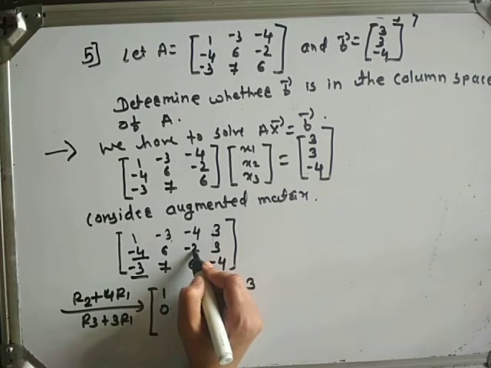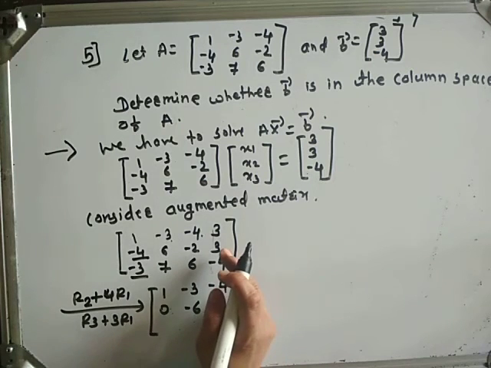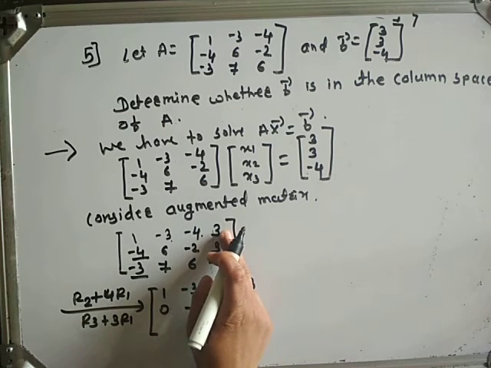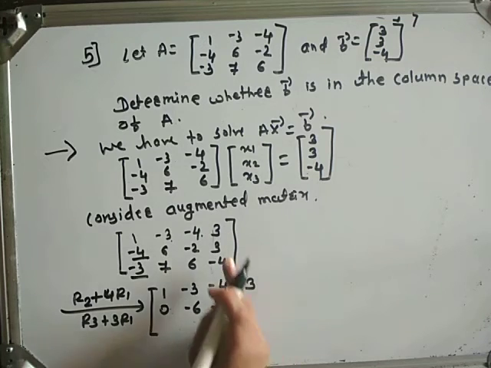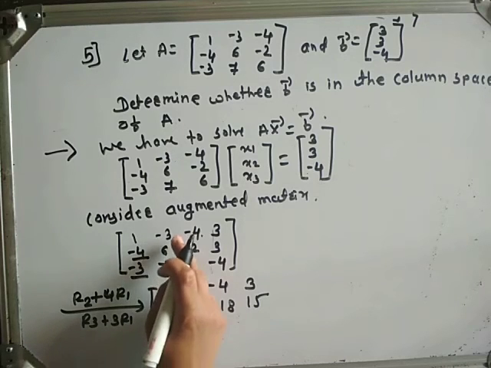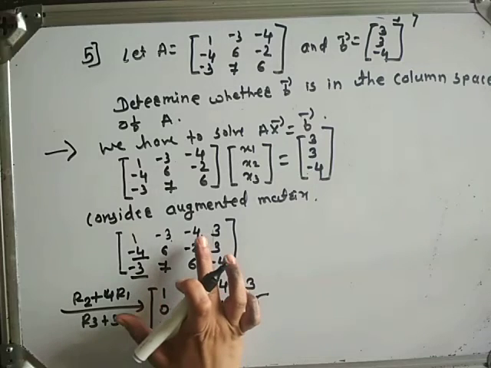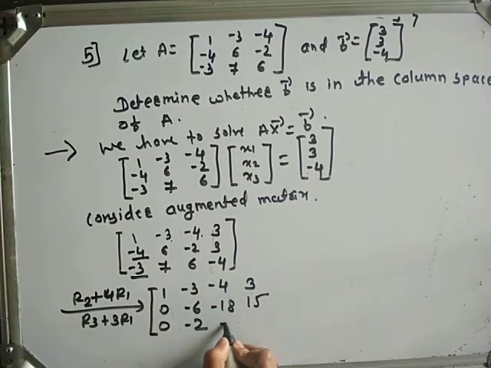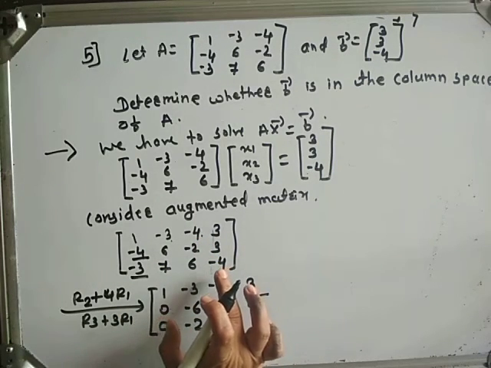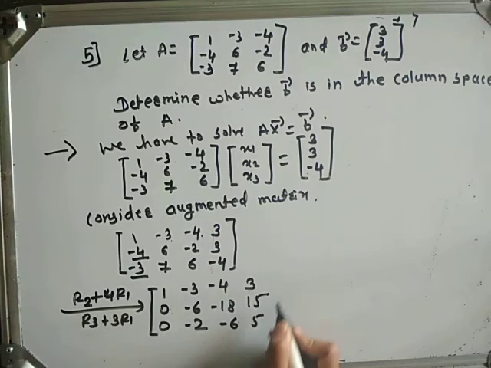Minus 2 minus 16 is minus 18. 3 plus 12 is 15. Here minus 3 plus 3 is 0. 7 minus 9 is minus 2. 6 minus 12 is minus 6. Minus 4 plus 9 is 5.